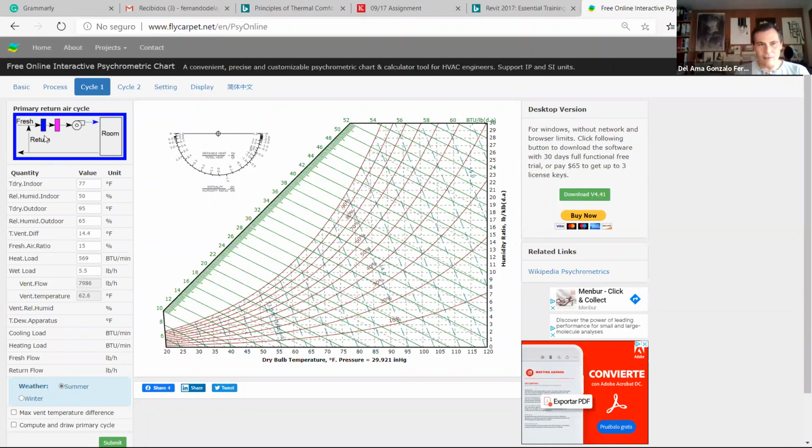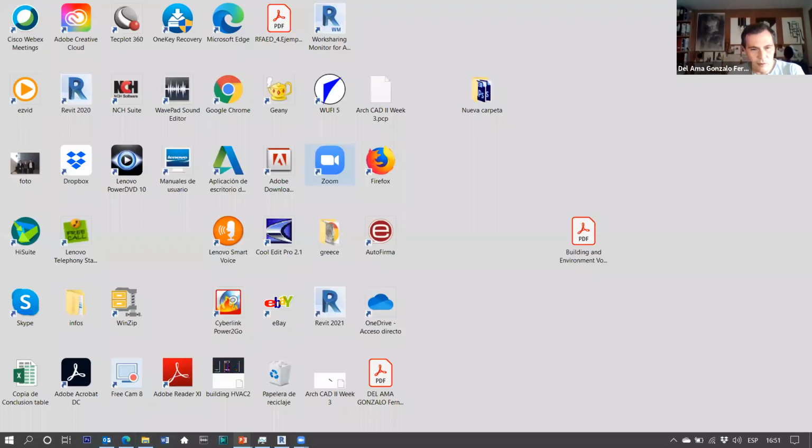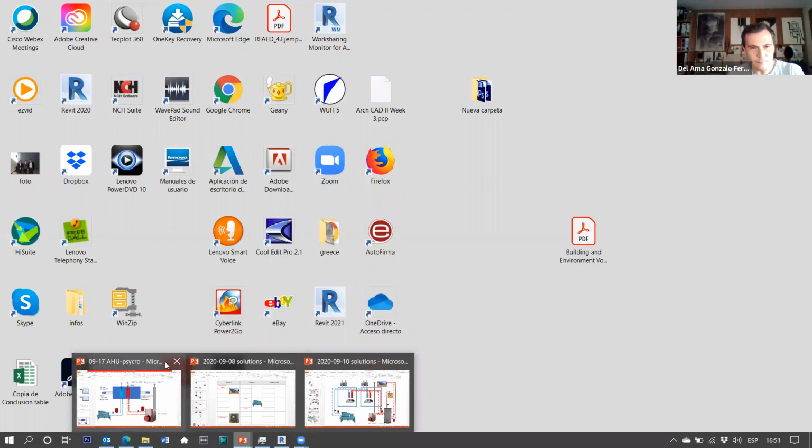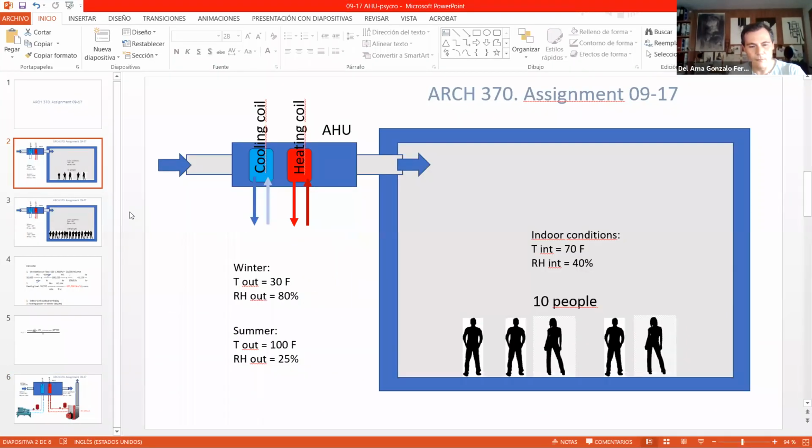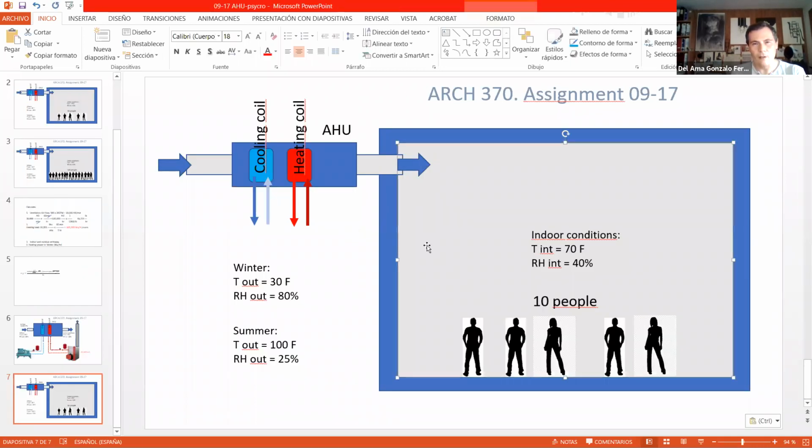So in this cycle 1, if we want to state the problem, okay, what are we doing here? Well, probably we need something else. So our air handling unit should be bigger. We need to add another module.